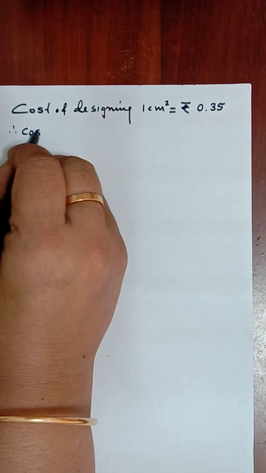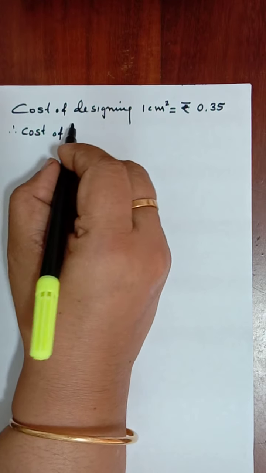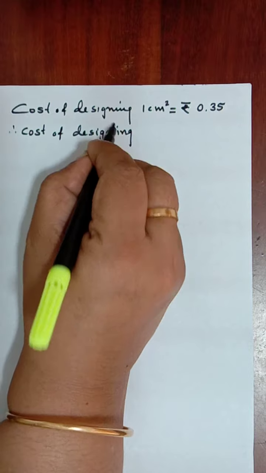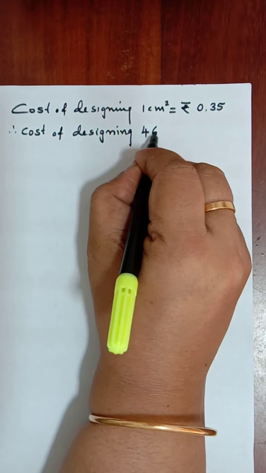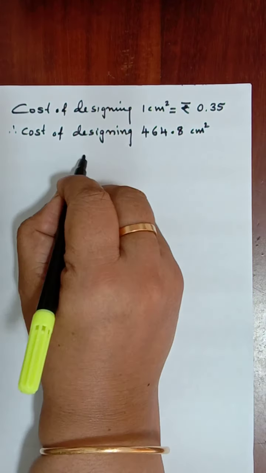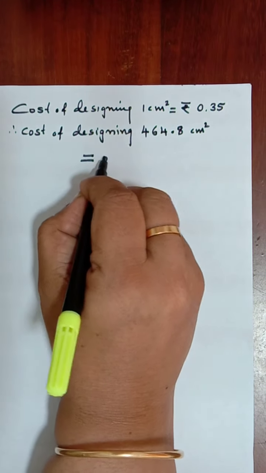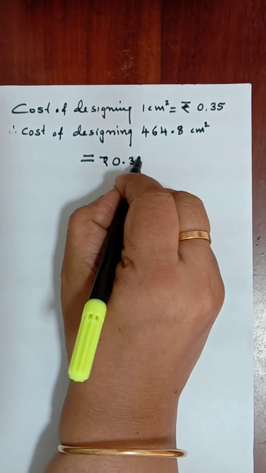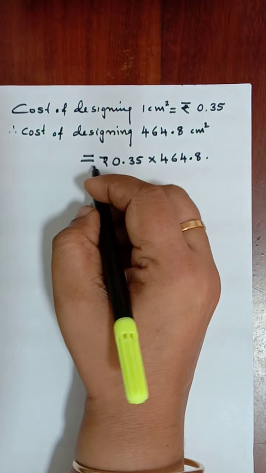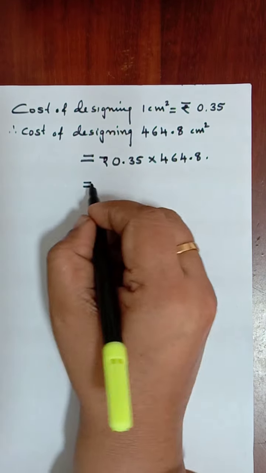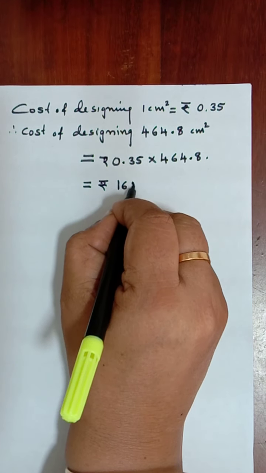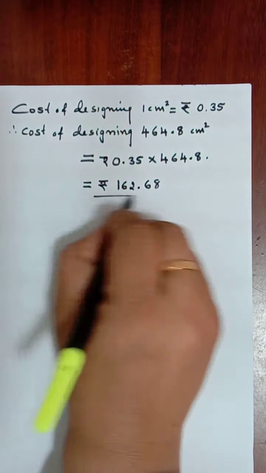Therefore, the cost of the total area, here we have to write, cost of designing 464.8 cm square is equal to rupees 0.35 into 464.8. All of you do the calculation in the working column. Do the multiplication. Answer is rupees 162.68.